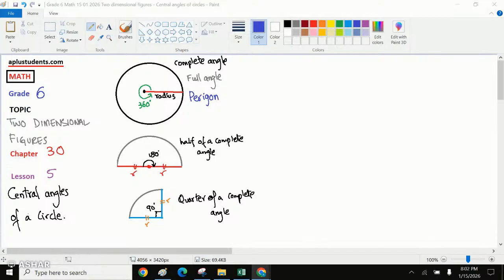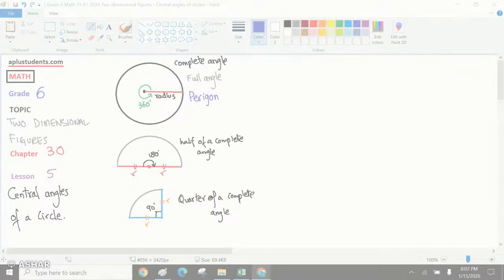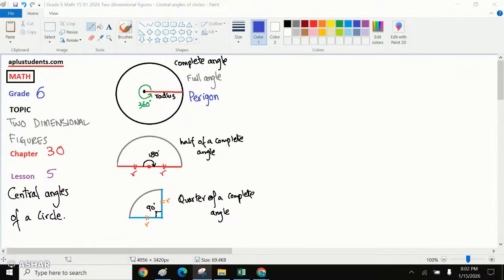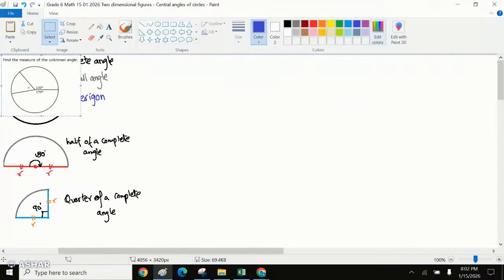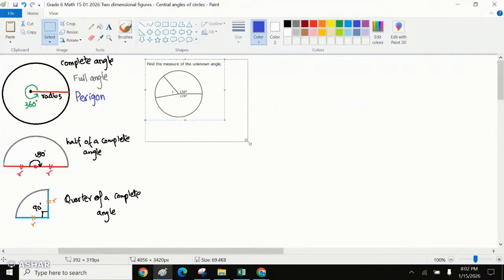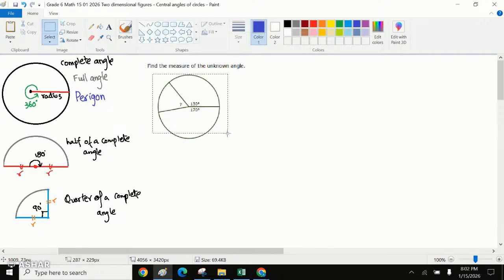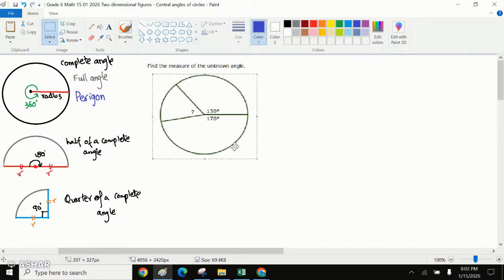What we are trying to study today is that if a complete circle is given to us, the 360 can be broken down into smaller angles, and we will see what the measure of the smaller angle is. The first question says: what is the measure of the unknown angle that is given to us?